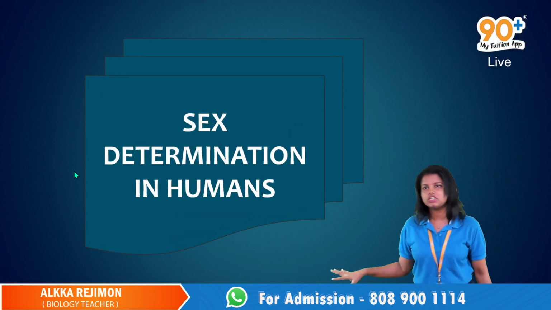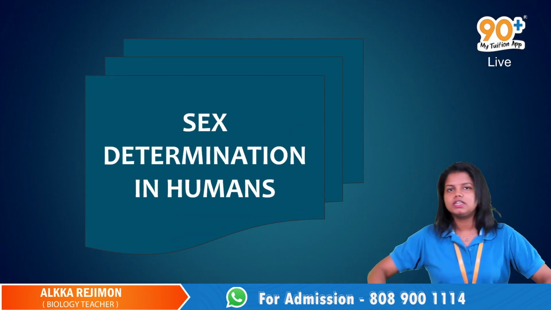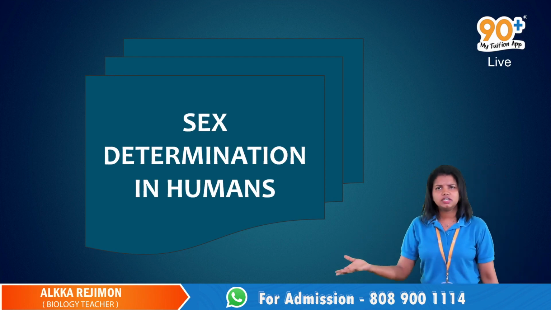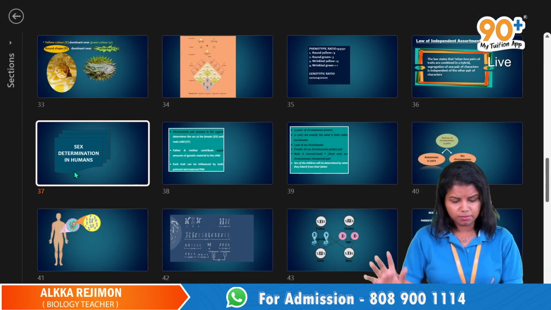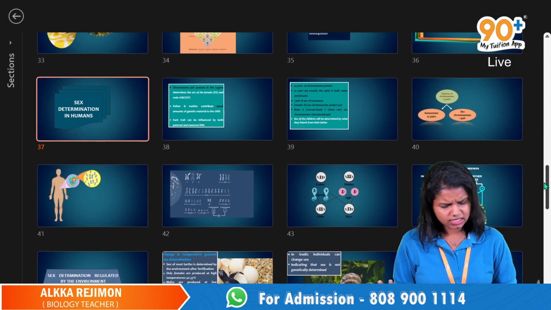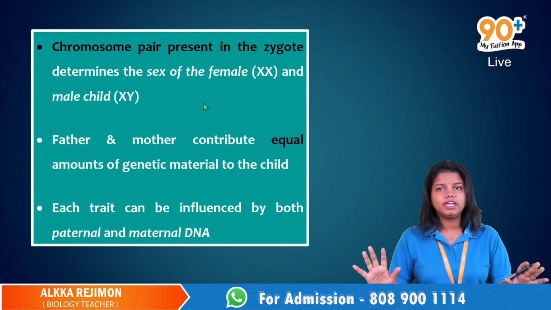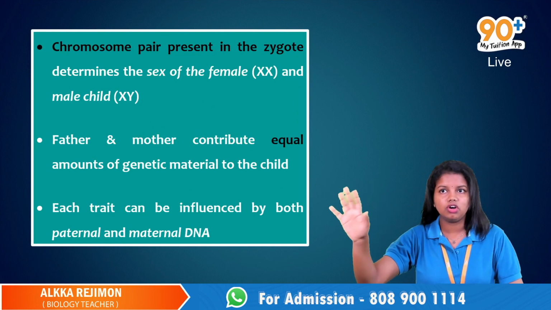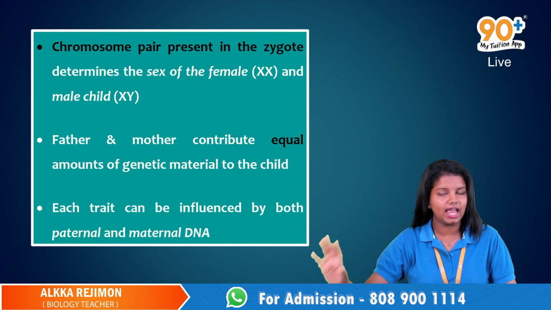And the final topic in this chapter is sex determination in humans and some animals. Sex determination in human beings is a very important portion. It is not much complicated. The concept is simple. The chromosome pair in the zygote determines the sex of the female and the male child.